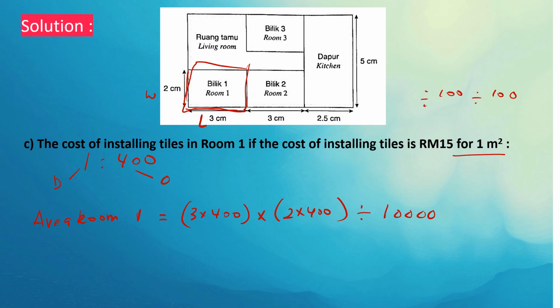And remember 1 meter square equals 15 ringgit, so you must times with 15 to find the actual cost. After you use the calculator, you will get 96, times with RM15. So your answer would be RM1440. Let's try and make sure you get the same answer as me.